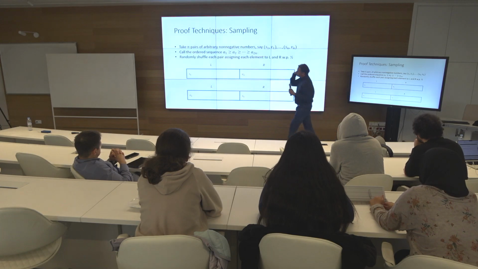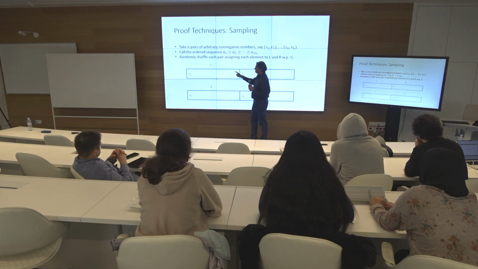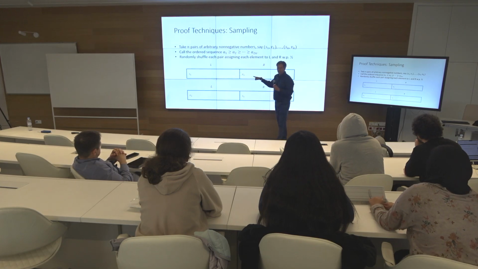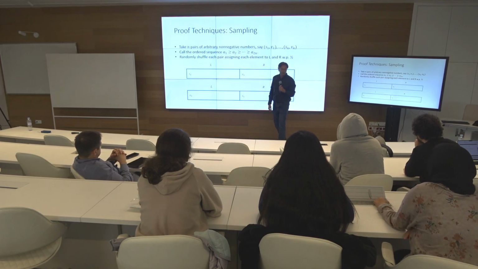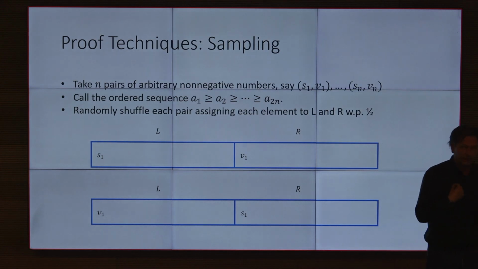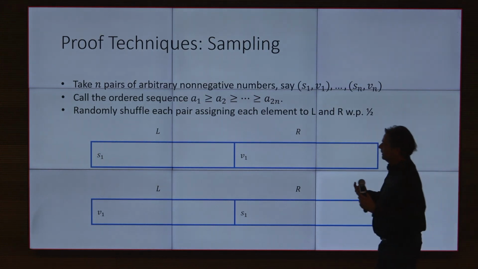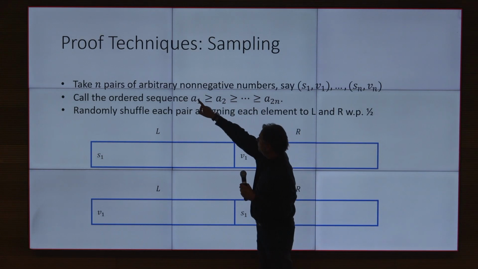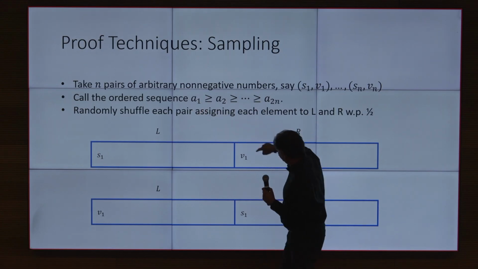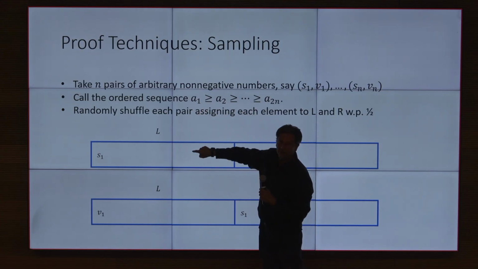And now, what is the probability that the maximum is A2? The probability that the maximum is A2 is this guy is here, and this guy is here. So it's 1/4. What is the probability that I get A2? Well, I need that A1 is here, A2 is here, and A3 is here.